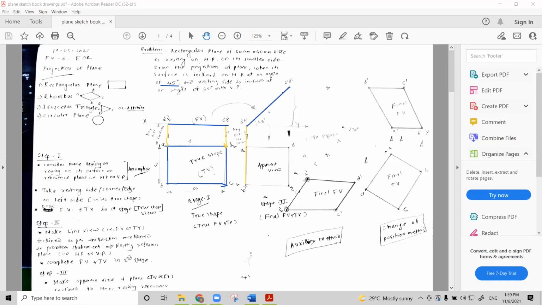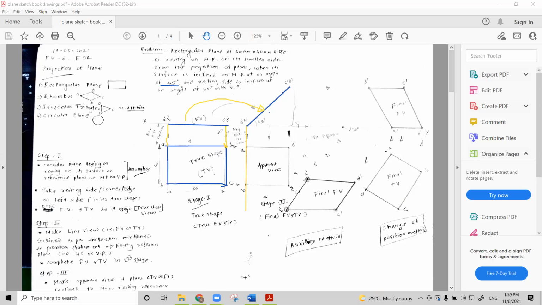Sorry to disturb, but what's the distance between A dash, B dash to C dash, D dash? Second stage. Are you talking about the second stage? Yes, sir. So this is nothing but the distance of this front view as it is. You'll be taking it here.